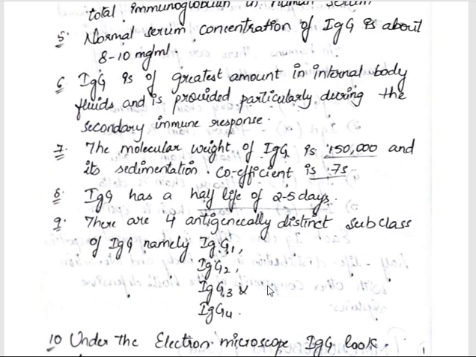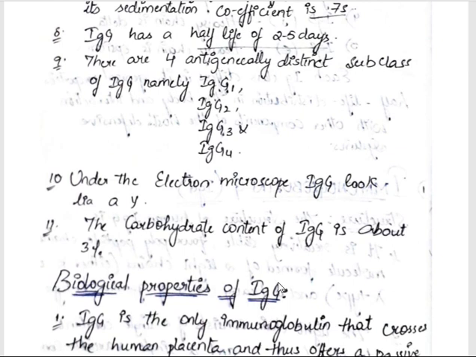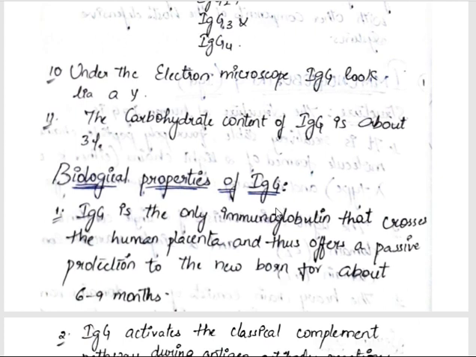And we have the 4 subclasses of IgG, that is G1, G2, G3 and G4. And then coming to the biological properties of IgG, which is very important. IgG is the only immunoglobulin that crosses the human placenta and thus offers passive protection to the newborn baby for about 6 to 9 months.